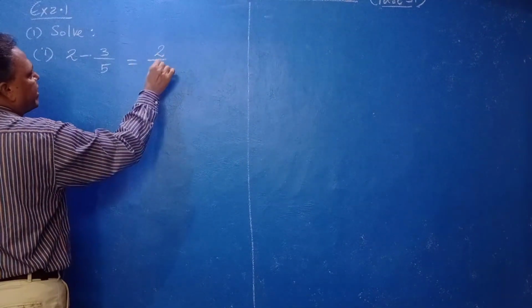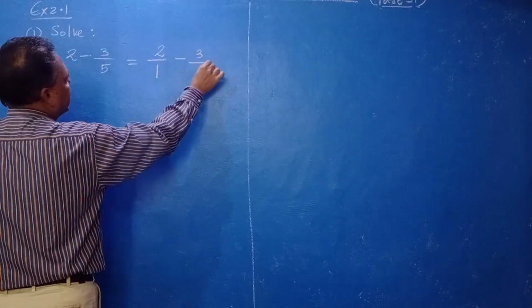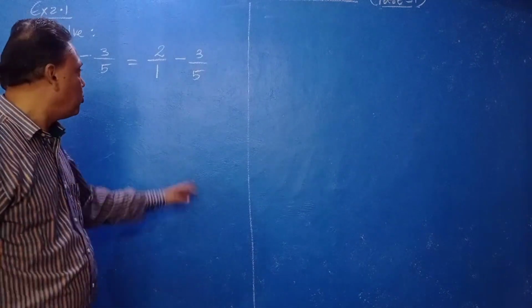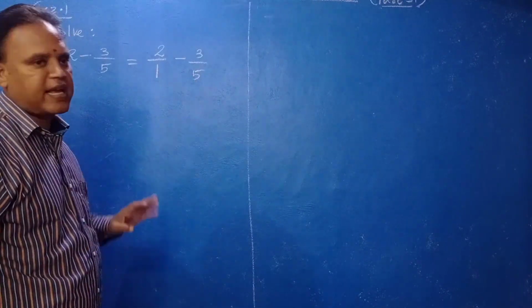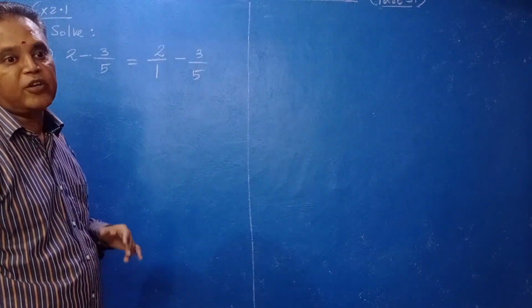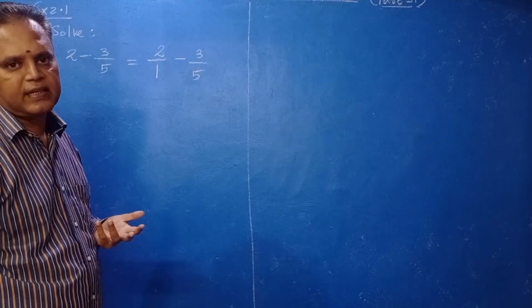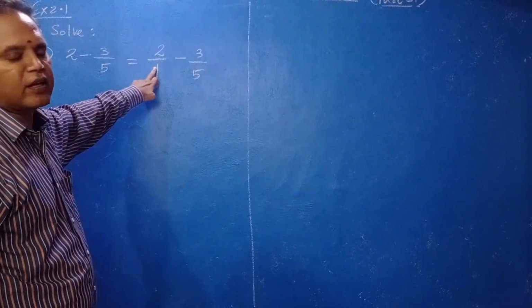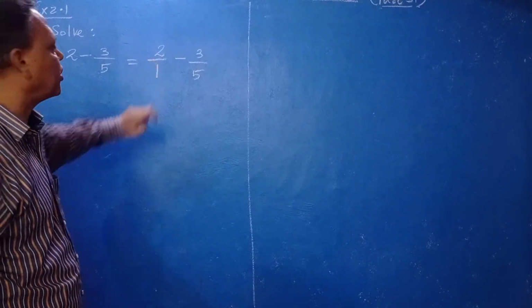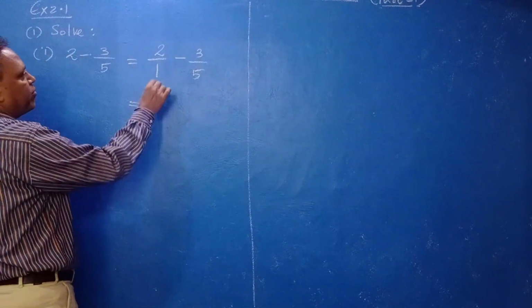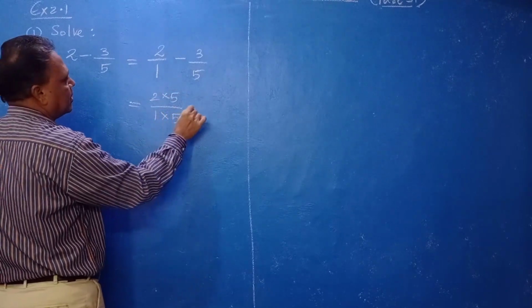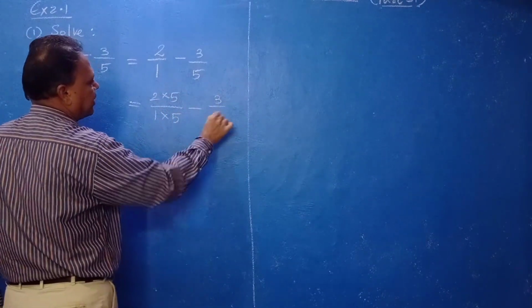So 2 by 1 minus 3 by 5. Clear? Next, you have to make the denominator the same. Then only you can take the LCM. Here 1 is there, here 5 is there. So to make the same denominator, multiply the numerator and denominator by 5, minus 3 by 5.